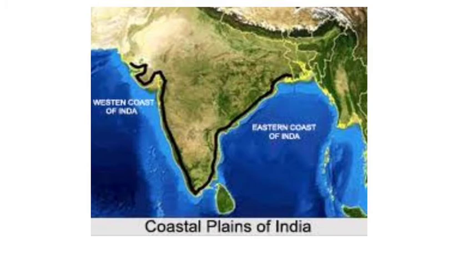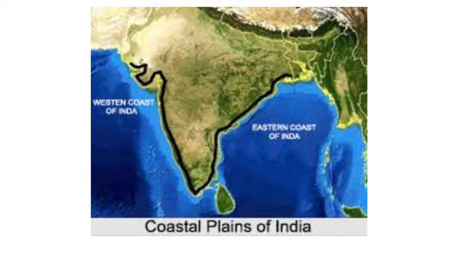We have two coastal plains, western coastal plains and the eastern coastal plains. The narrow strips of flat lands that are situated next to the sea on either side of the peninsular plateau are called the coastal plains.